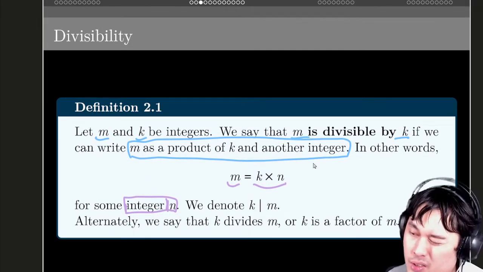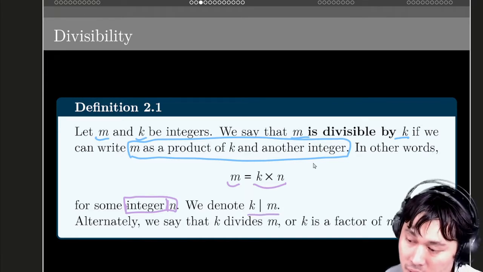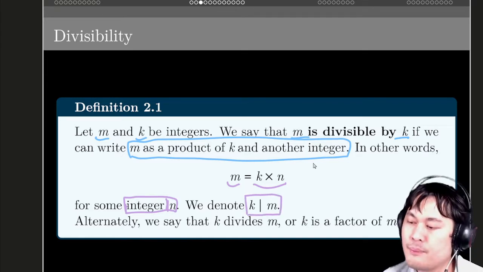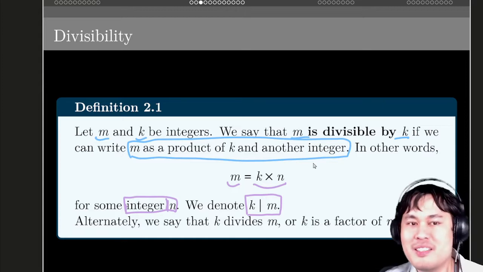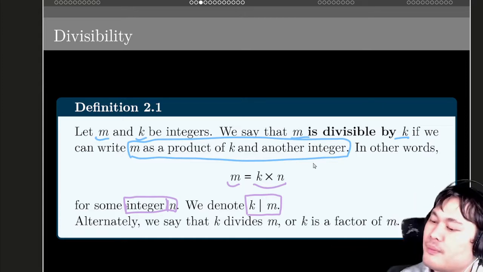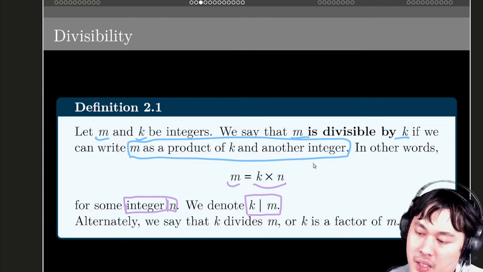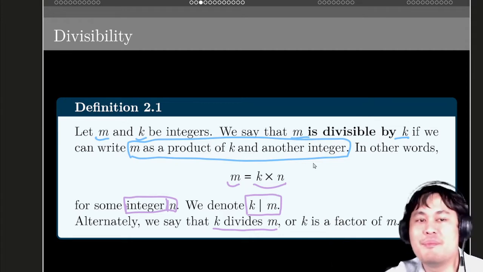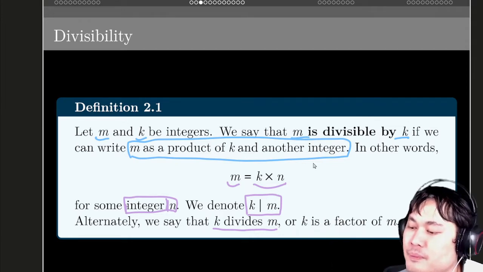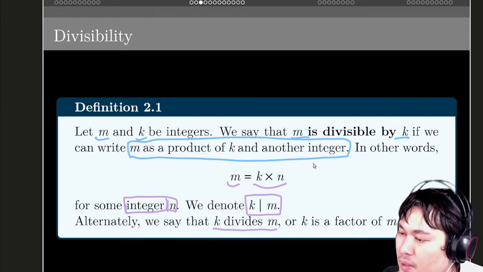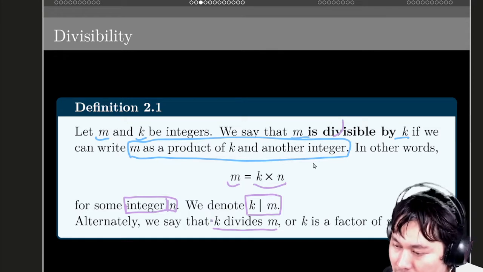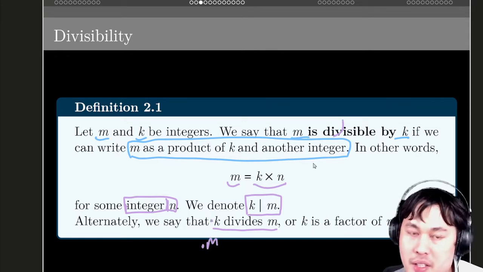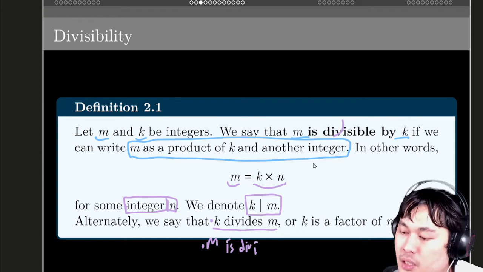And there are 2 or 3 things. First, we denote that in this notation. We don't use this a lot, but again, just in case. The better way is to just write it out. K divides m. Done. Or you can say m is divisible by k.